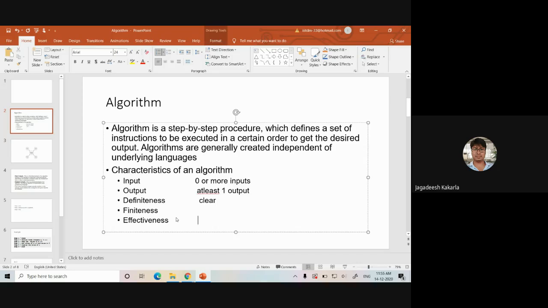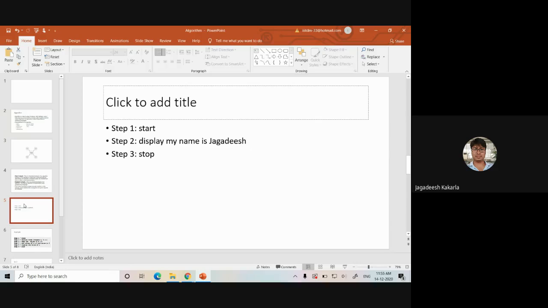No. So each instruction, only if it is required, then you should write it. Let's take that someone has the sentiment that if my algorithm is 10 steps, then only my algorithm is correct. If the algorithm can be completed in 3 steps and they are writing 10 steps, then the remaining 7 steps are not required. Only the steps that are required in the algorithm, that you need to do.